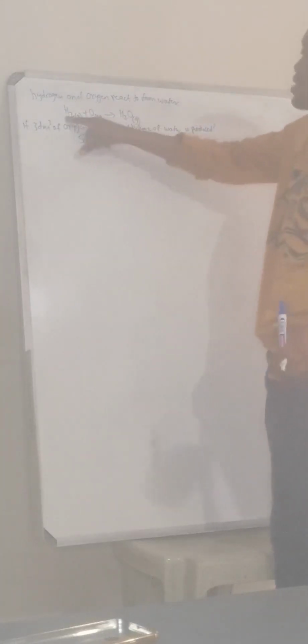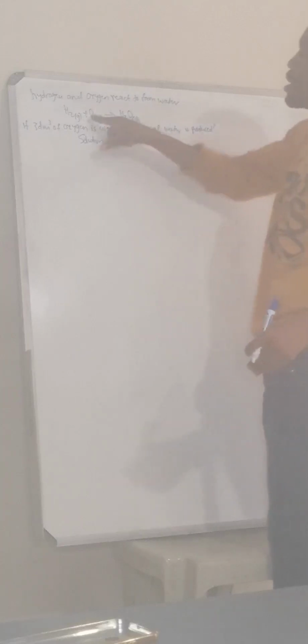Hydrogen is balanced, and oxygen is O, 1. We need to balance oxygen by writing 2 in front of this. Let me just try to use different colors so that we see the difference.